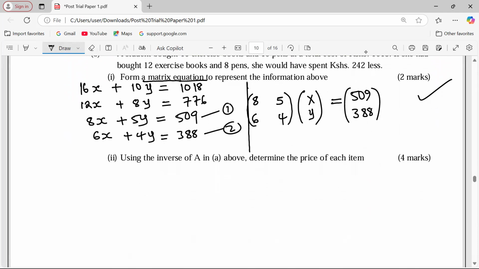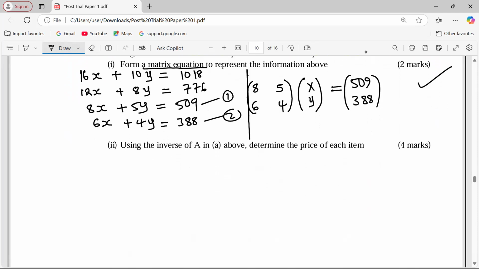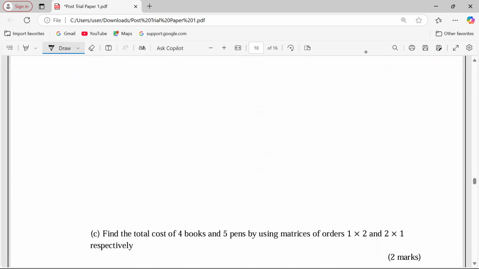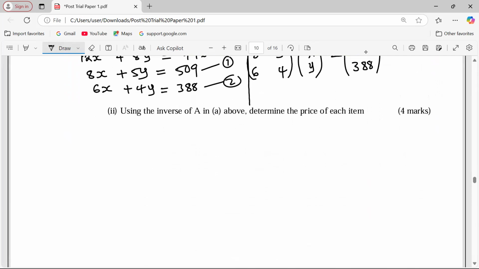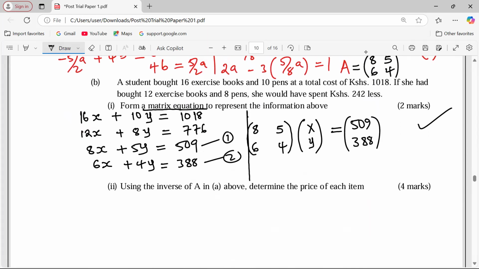Now, using the inverse of A above, determine the price of each item. In other words, we are being advised to find the value of X and Y using the matrix method, of course.